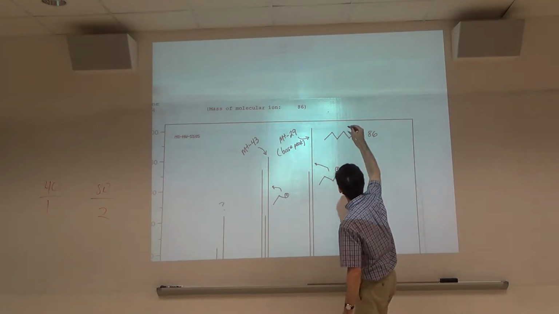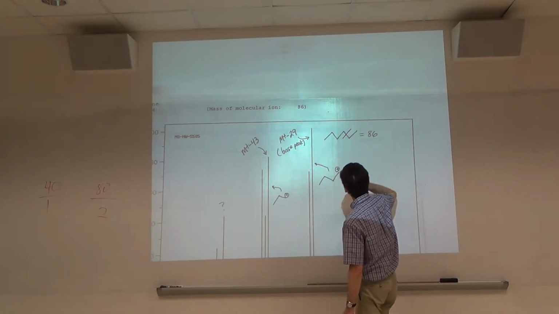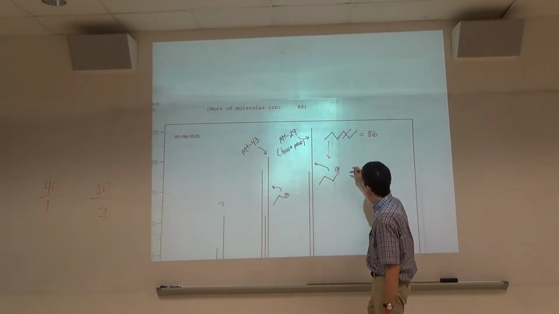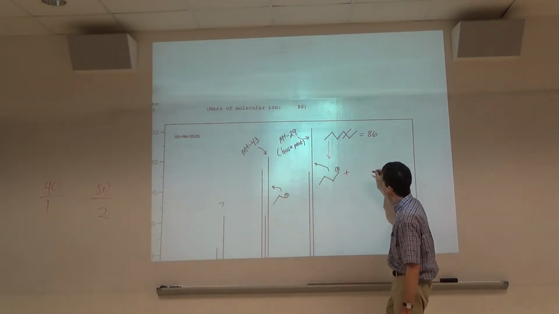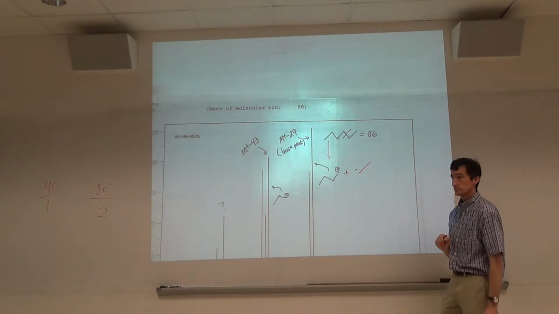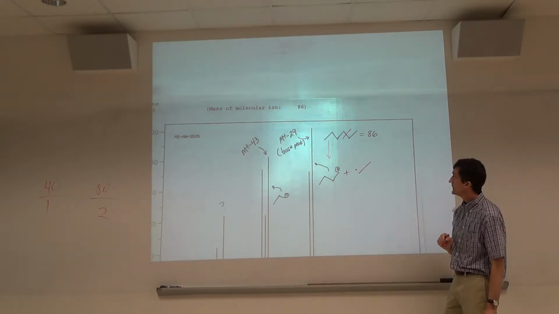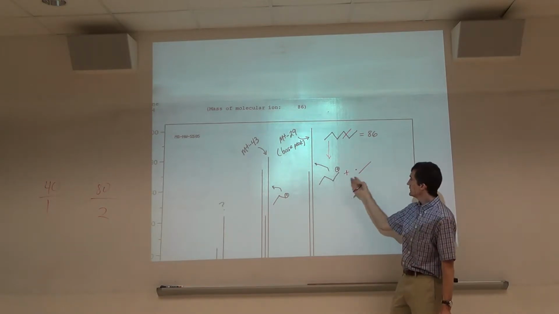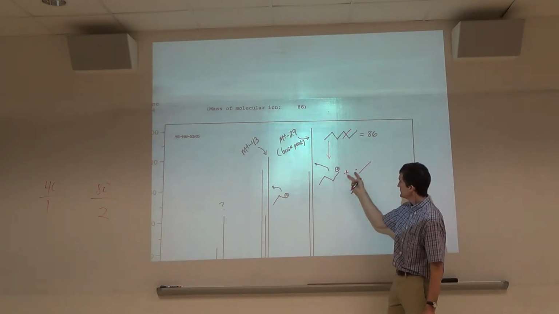Then it cleaved here to give that. And if it gave that, what's the other fragment that was formed? A 2 carbon, and that being radical. So if the molecule ruptured there, cleaved there, we get these 2 species.